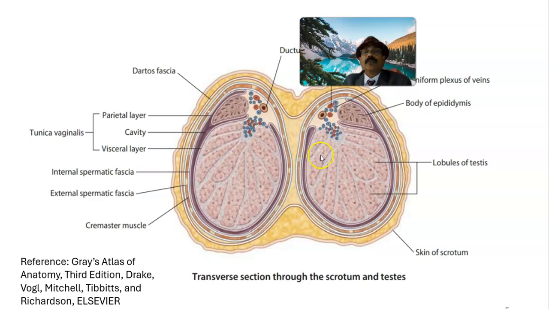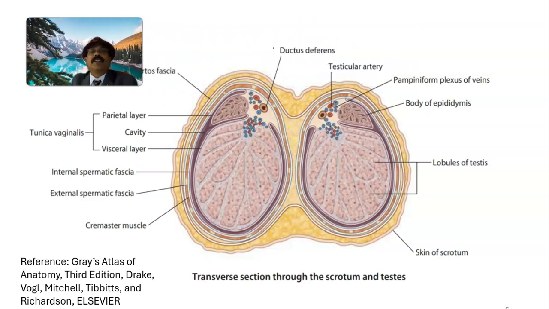We are seeing the lobules containing the seminiferous tubules. We have the ductus deferens here, the pampiniform plexus of veins here, and the epididymis here and here. This is the visceral layer of the tunica vaginalis and the parietal layer. It contains only a few milliliters of serous fluid. If the fluid is too much, we call it hydrocele. This is a clinical condition.